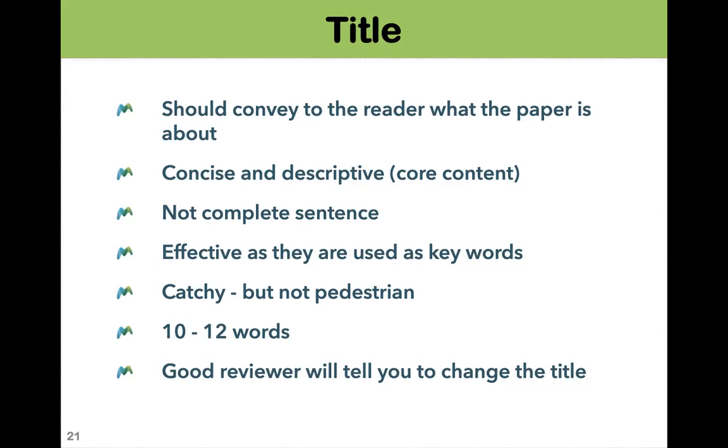So you have to balance. I've never known a journal telling me how long the title should be, but I do know that Nature Reports requires only X number of words. So you have to look at that. How many words do we need in the title? Again, you have to look at the instructions to the authors.